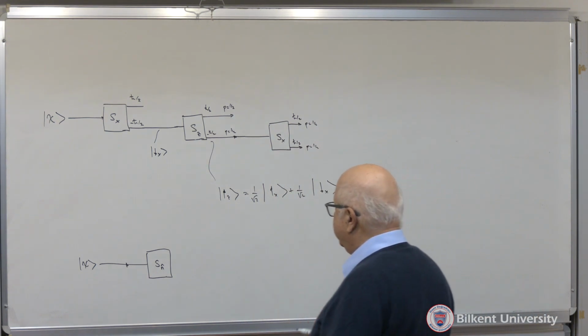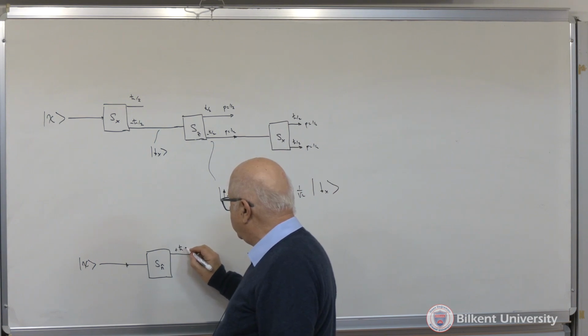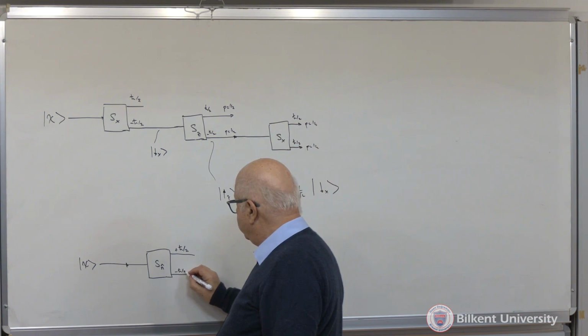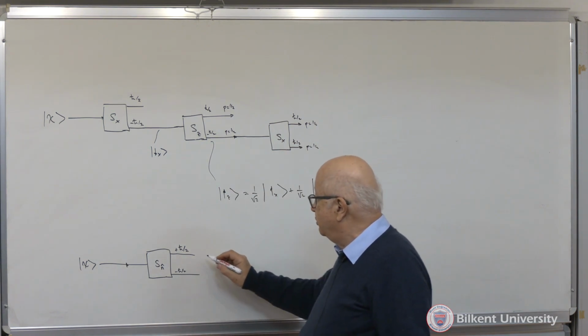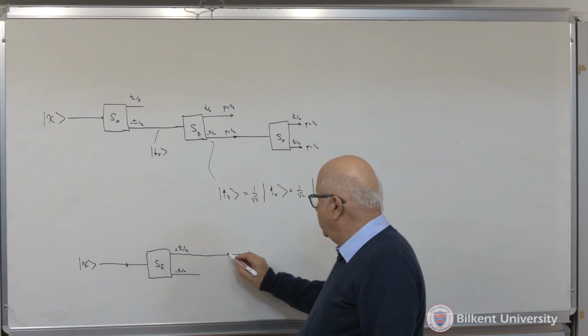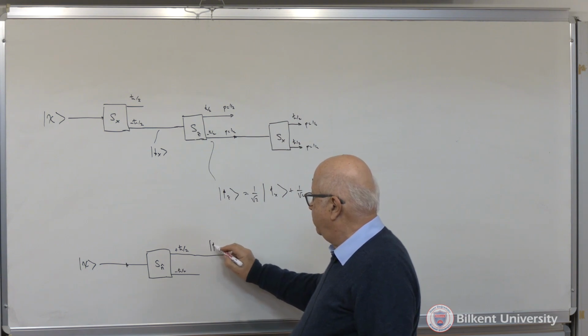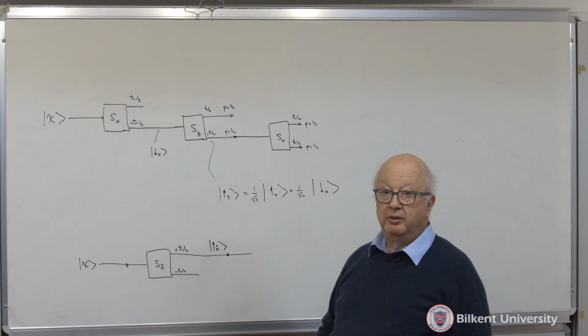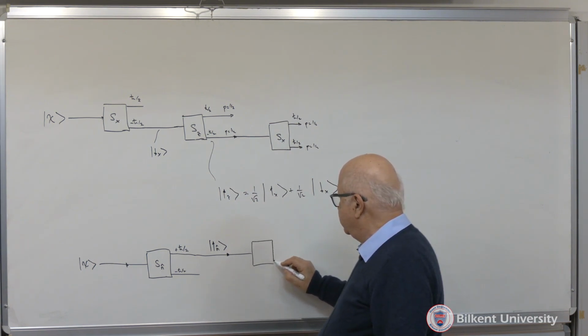No matter which direction I measure, I have these two probabilities, h bar over 2 and minus h bar over 2. Now suppose I take this beam, which corresponds to up, but in the n direction.